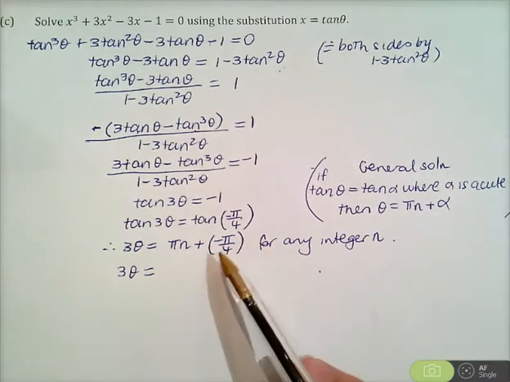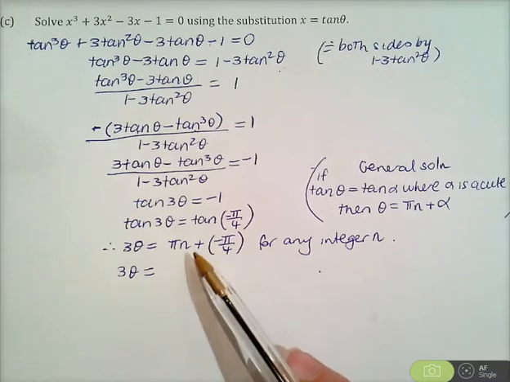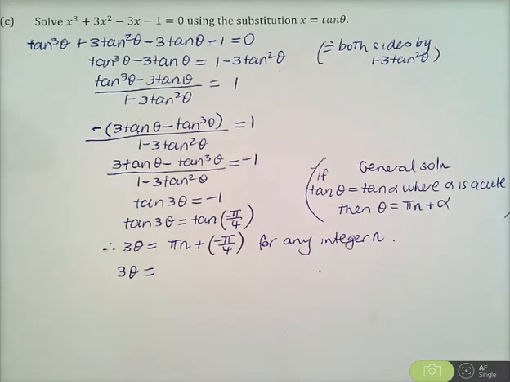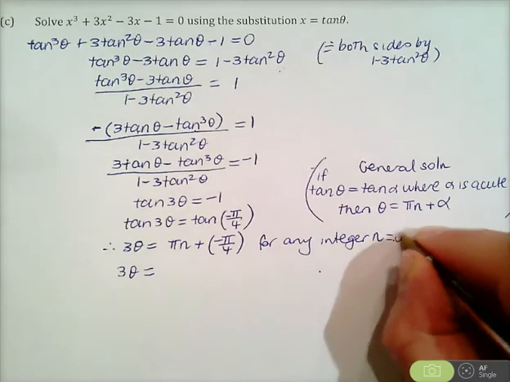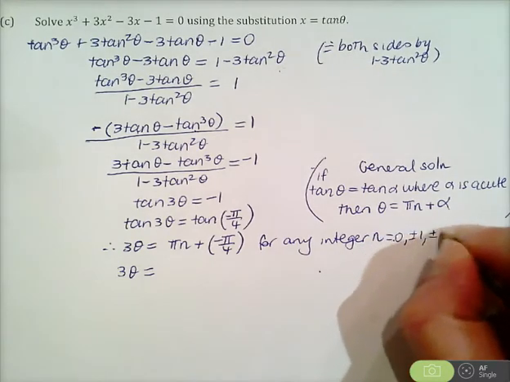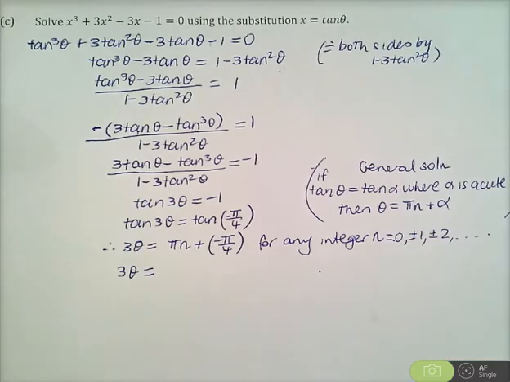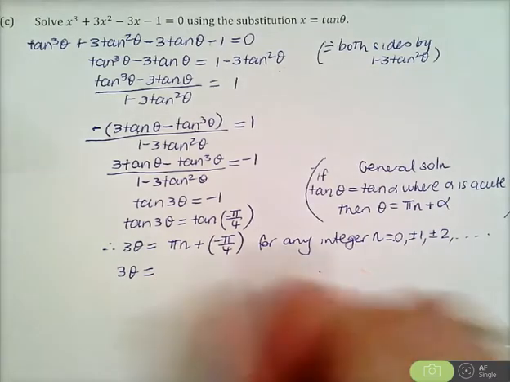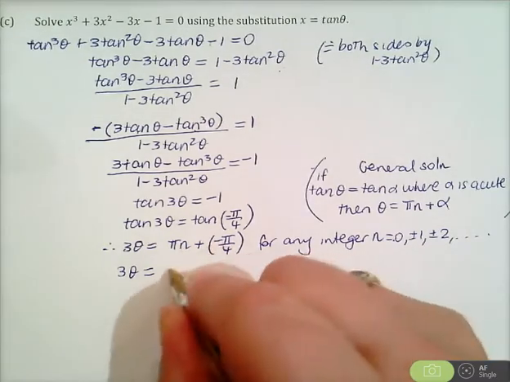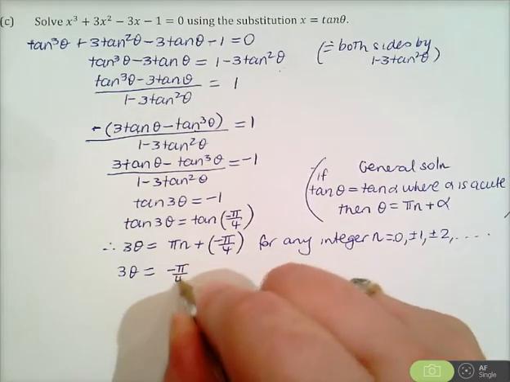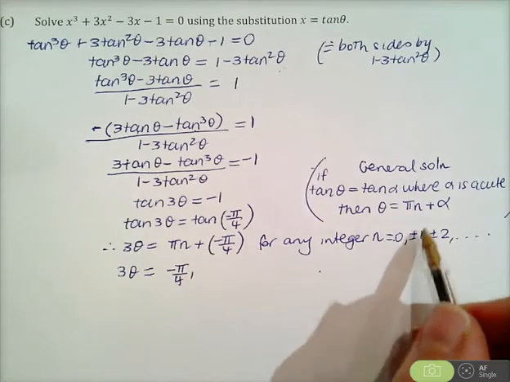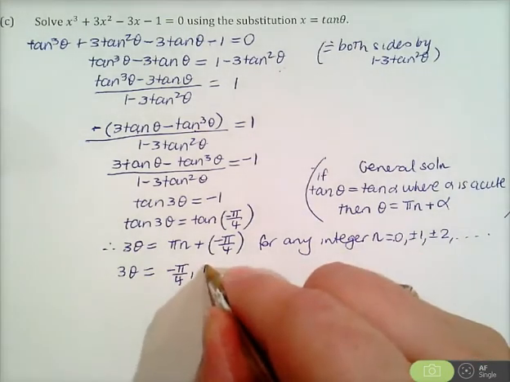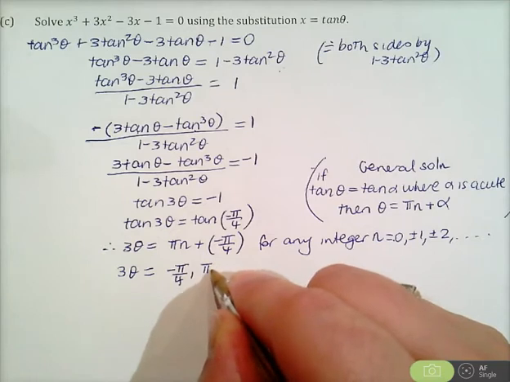Now remember n is an integer, so it's 0 or plus or minus 1, any integer n which is 0, plus or minus 1, plus or minus 2, etc. So when n is 0, we get minus pi on 4. When n is 1, we get pi minus pi on 4.